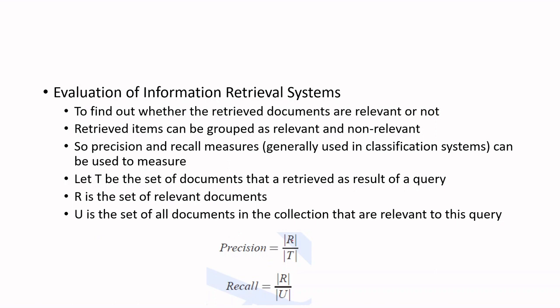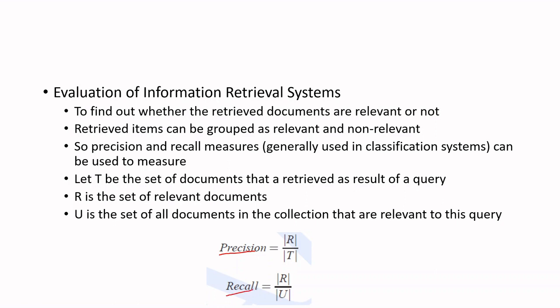In general, to find out whether our system is working properly or not, we need some sort of a measure to identify whether our information retrieval system or a machine learning system is working according to our expectations. So precision and recall are two measures that are commonly used in machine learning systems.